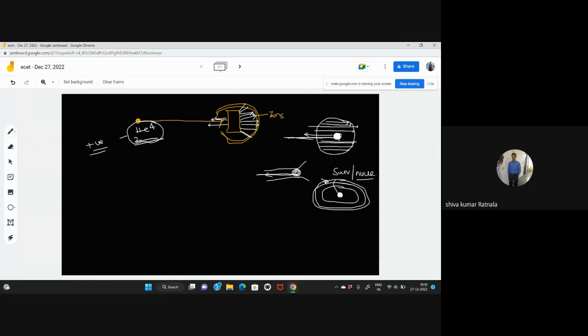So he considers the electrons as planets, meaning around the nucleus, electrons will revolve in such a way that the atom should be stable. That's why he is saying electrons revolve around the nucleus the way planets revolve around the sun, and this model is called the planetary model. So these are the points we discussed yesterday.